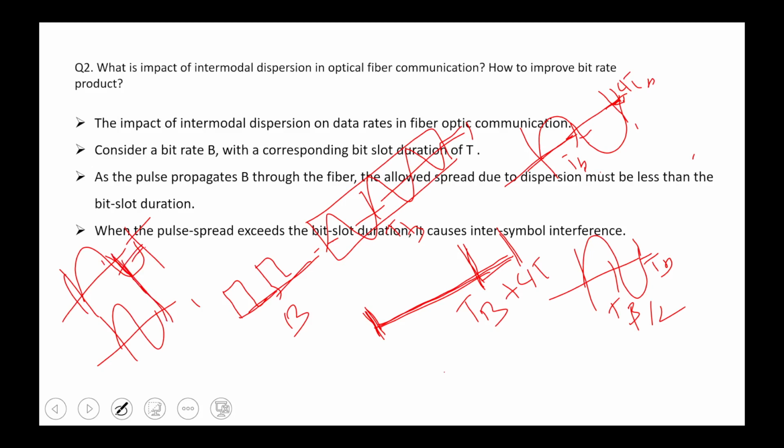So our delta T should be less than or equal to TB. The interference may be less than TB or more than TB. Whatever happens, the product of delta T and the bit rate should be less than or equal to 1 always.